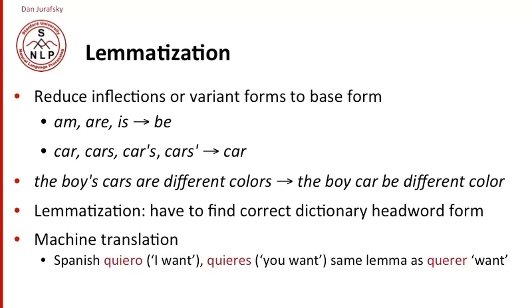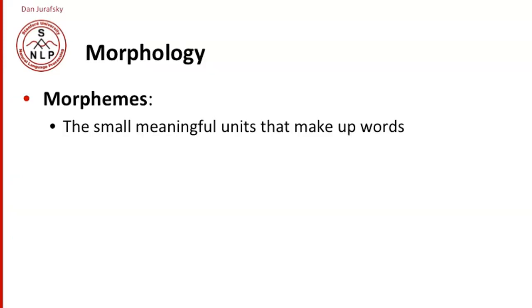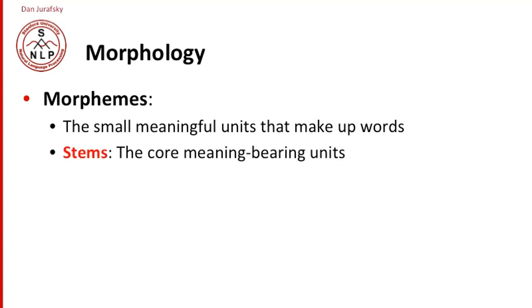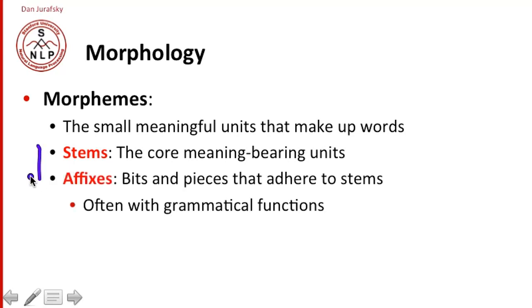So this general topic of looking at parts of words leads us to morphology. Morphology is the study of morphemes, and a morpheme is the smallest unit that makes up a word. And we usually distinguish two kinds of morphemes. Stems, that's the core meaning-bearing units in a word. And affixes, the bits and pieces that adhere to the stem.